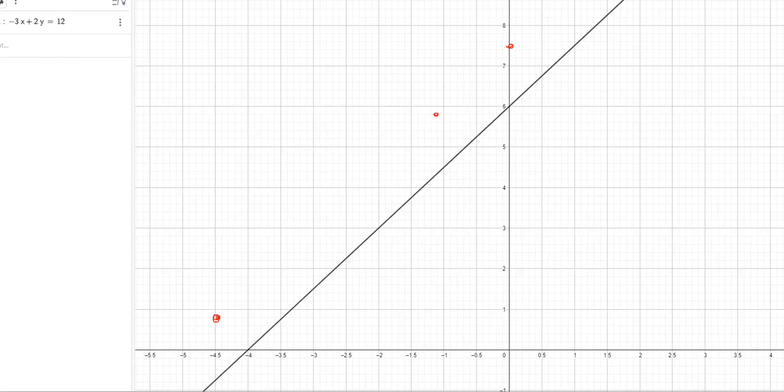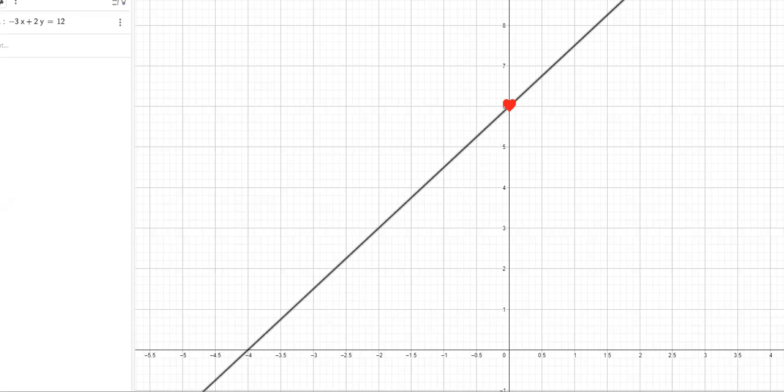Now, in this one, I would like you to look at the following points. This one here is your y-intercept. Let me just annotate that with the heart. That is your y-intercept.